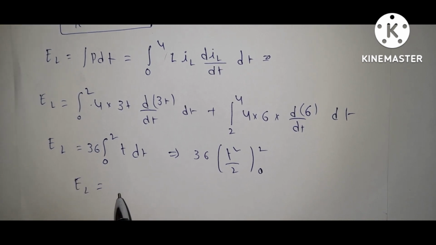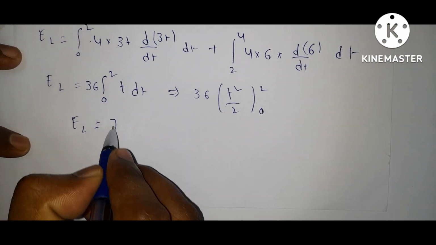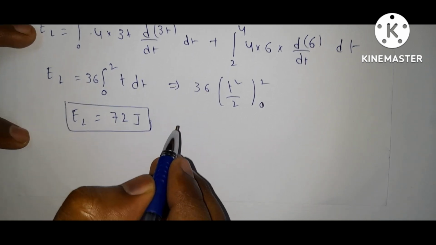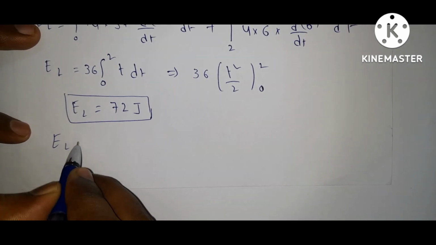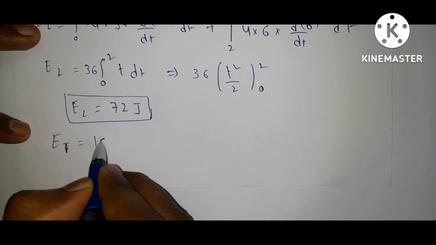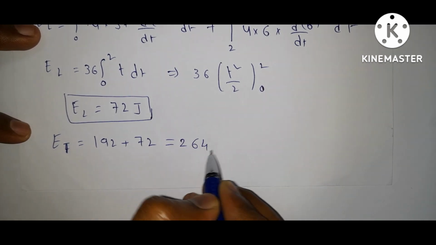Energy is equal to 72 joules. So what is the energy absorbed? Energy absorbed is the total energy, ER plus EL, 192 plus 72 is equal to 264 joules.